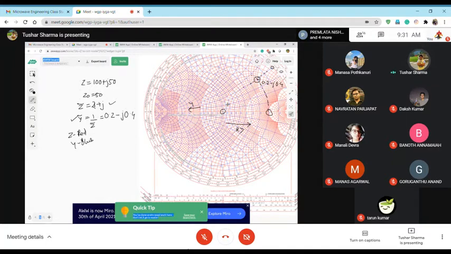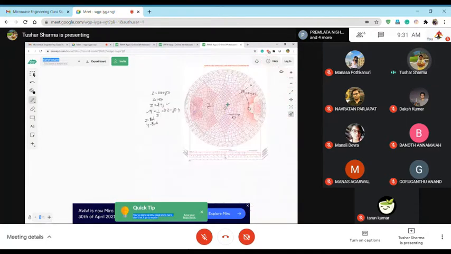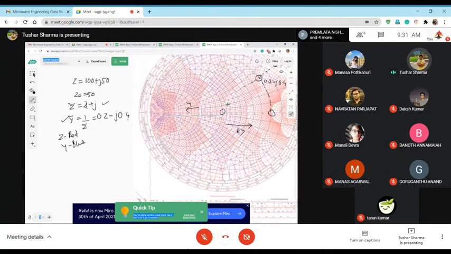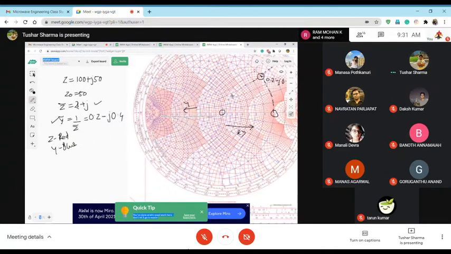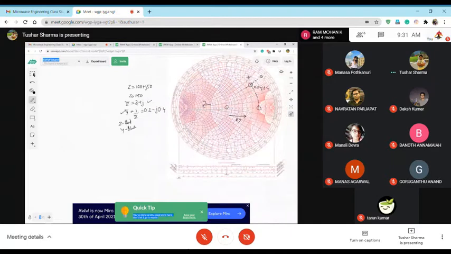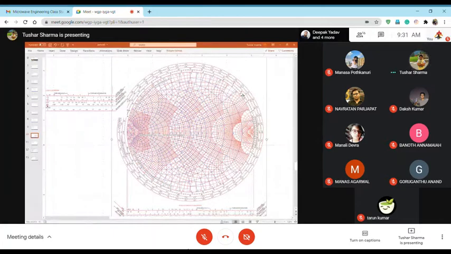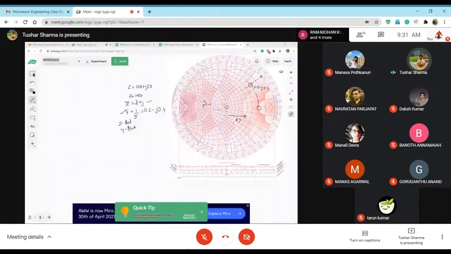That looks wrong to me. Let me see, just one second. So j equal to 1 was here. They should actually coincide. Are you sure this was 0.2 minus 0.4? 0.2 minus 0.4, that's the admittance. 0.2 minus 0.4.